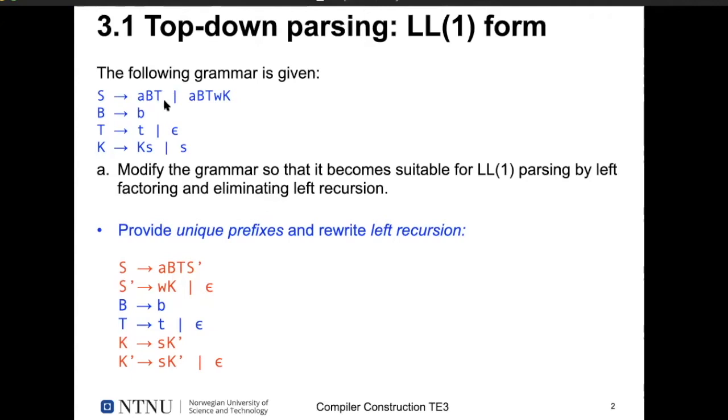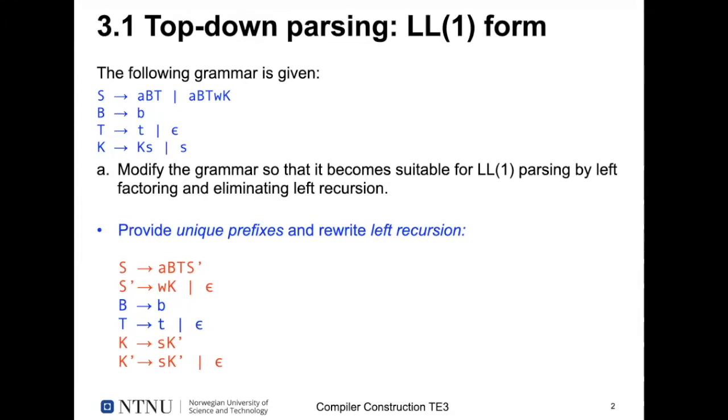For the first one, this is just nothing. So it's epsilon, which always encodes that it's just an empty string. Or it's the rest, which is WK. So our new production S prime either generates a W and non-terminal K or nothing at all.